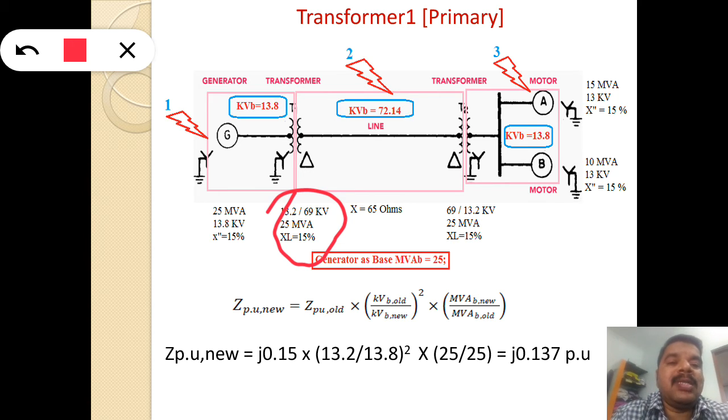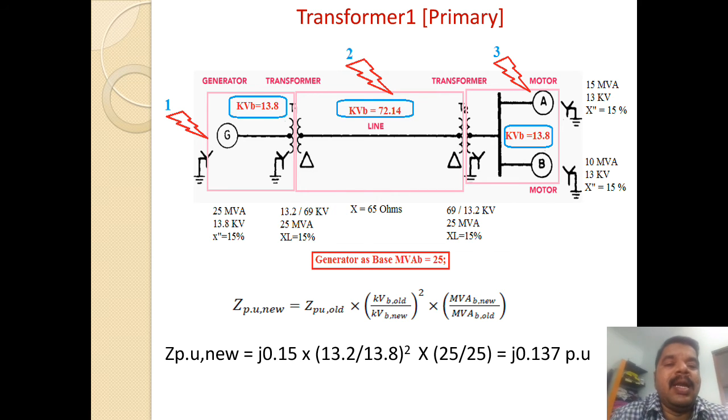On the primary side the value is 13.2, so kVb old is 13.2 divided by kVb new. The transformer T1 primary is under section 1, and the kVb new value is 13.8. So 13.2 divided by 13.8, the whole squared, into MVAb new.